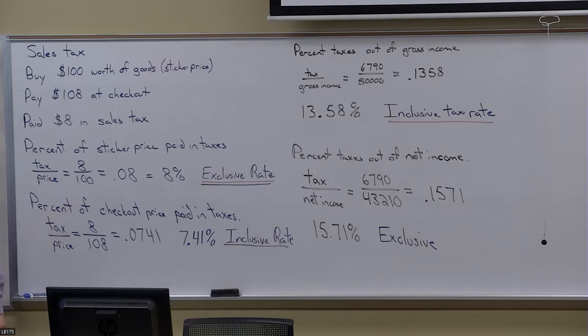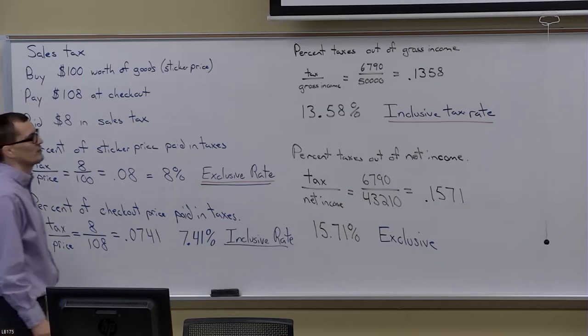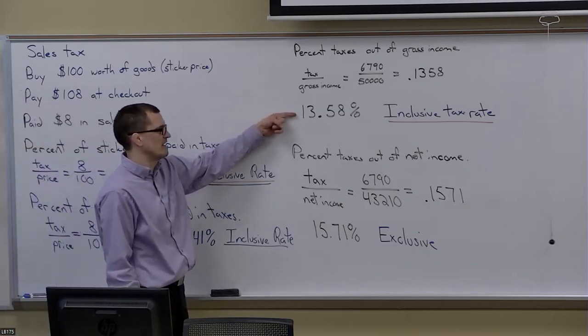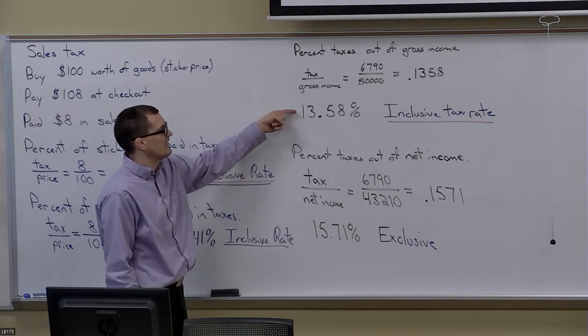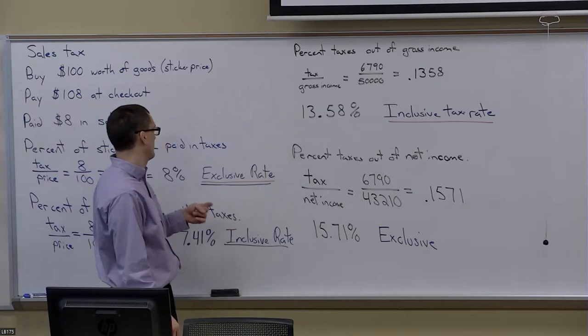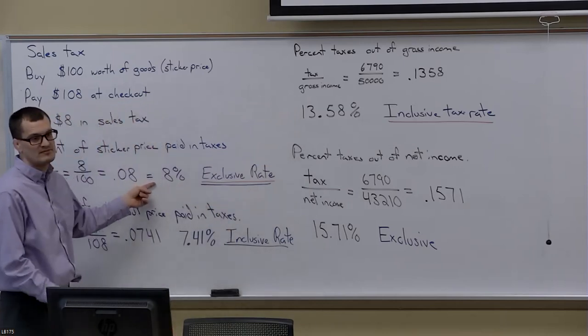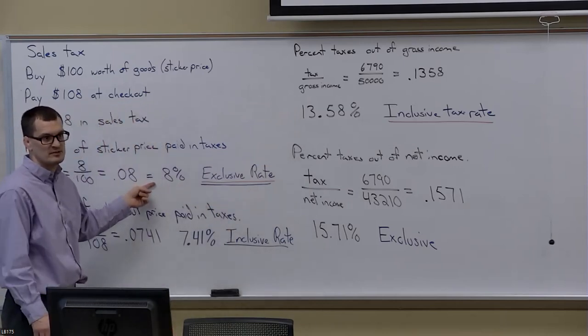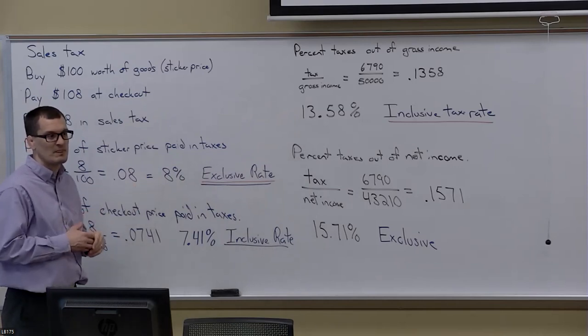Does that make sense? So if you were to replace a 13.58% income tax, you'd have to probably put a sales tax of about 15, or 15 to 16%, to make them mesh up. Okay, follow that?